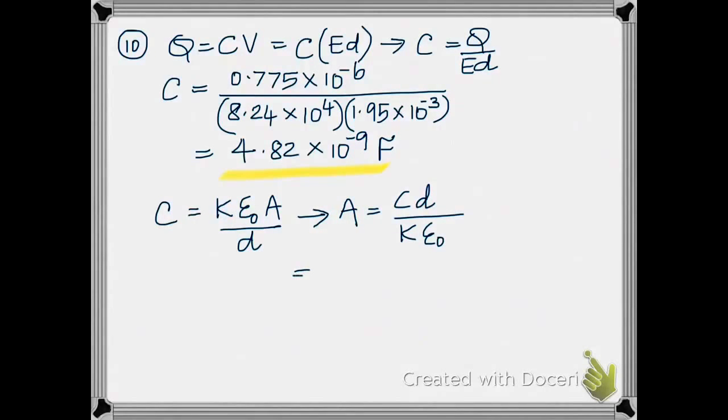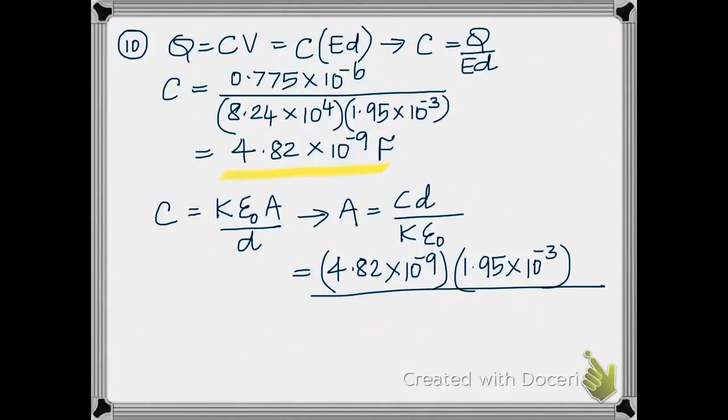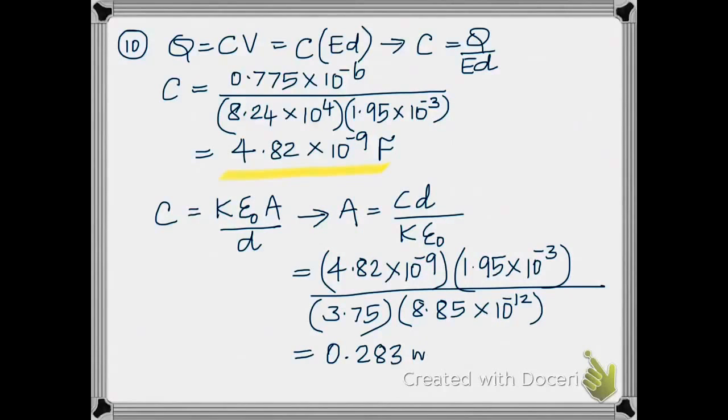Parallel plate capacitance is K epsilon naught A by D, rearranged to make A the subject, substitute the values. And you get 0.283 meters squared.